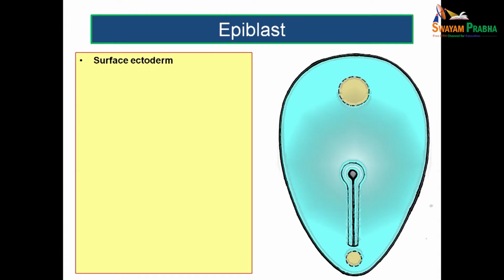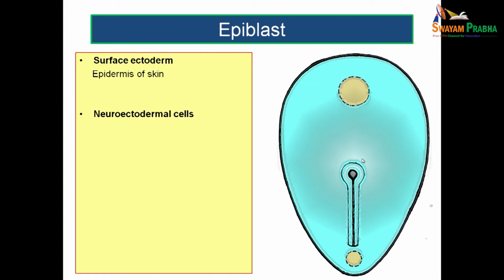Now, we will see the details of the epiblast. This is the view from above. When you remove the amniotic membrane and see from above, this will be the view of the epiblast. The epiblast will be differentiating into a layer known as surface ectoderm, from which you have the formation of the epidermis of skin.